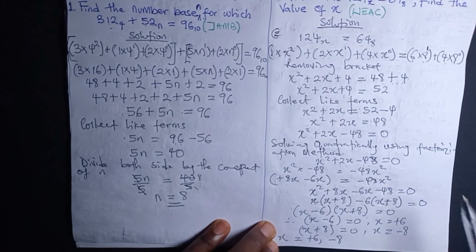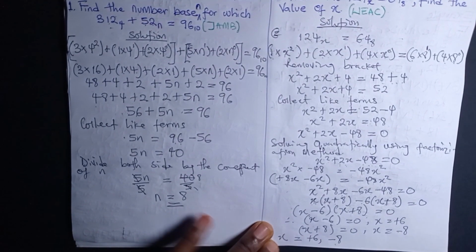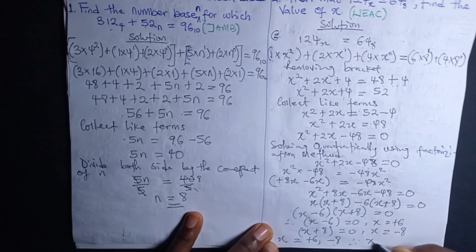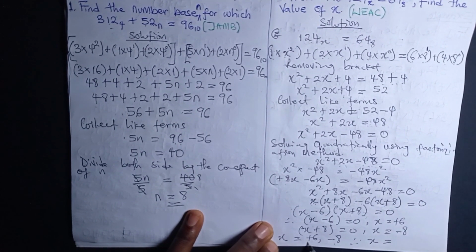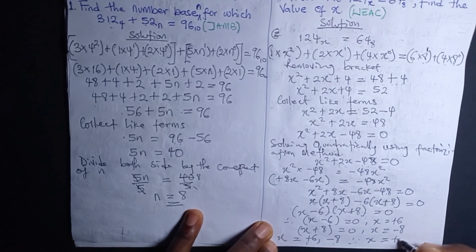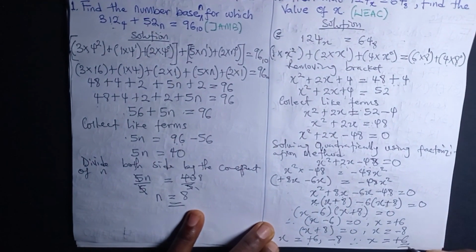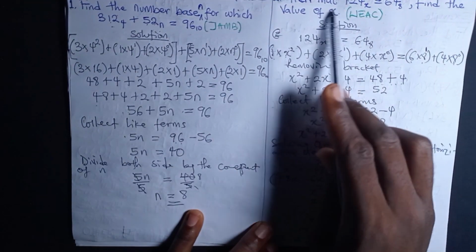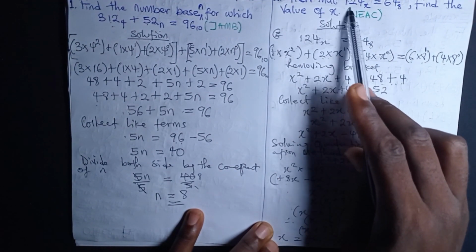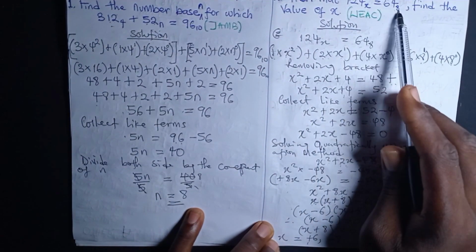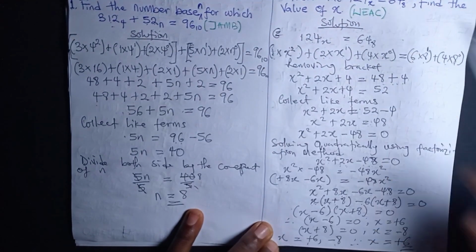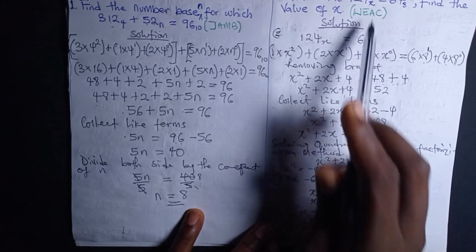Since a number base cannot be negative, the value for x will take the positive sign, which is what? 6. The value for x is plus 6. So in this equation, given that 124 in base x is equal to 64 in base 8, the value for x is 6. The base is base 6.